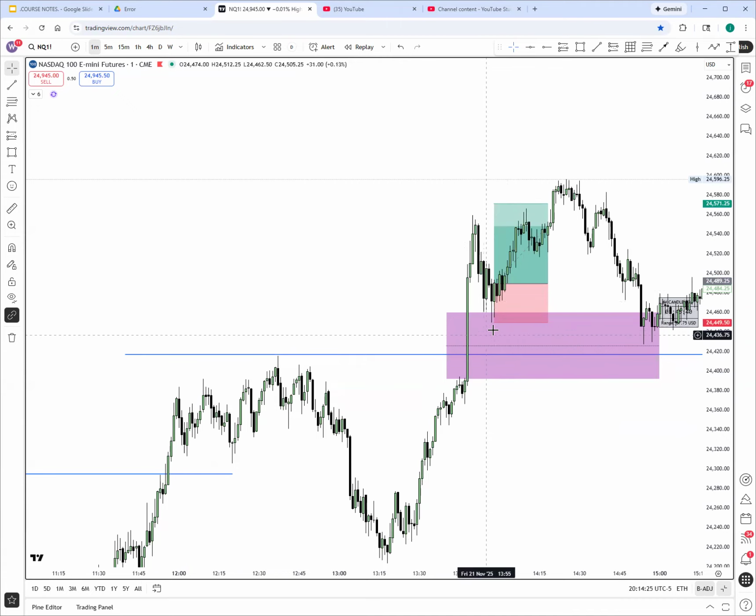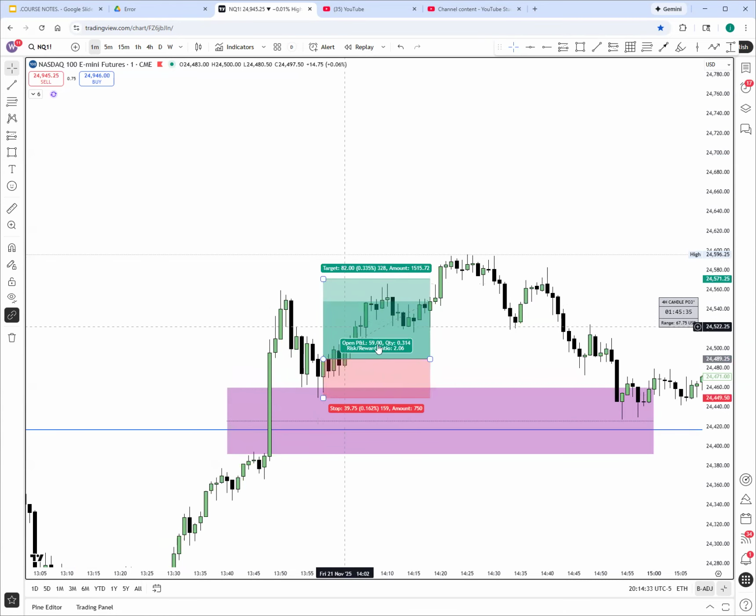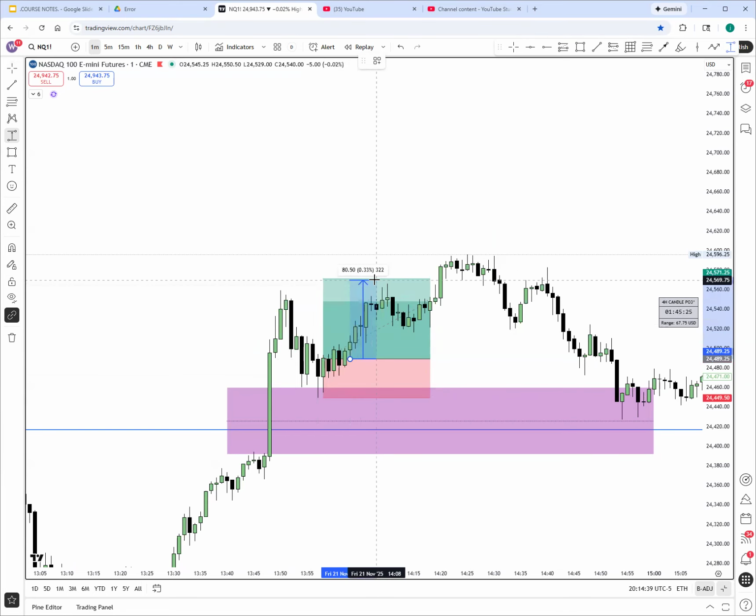We pulled back into it on this 1 minute, also on the 5 minute. And once we did that, price continued to just go higher, and we were able to catch that 2-to-1. From this trade, this was about 80 points. So almost 100 points on that trade right there.